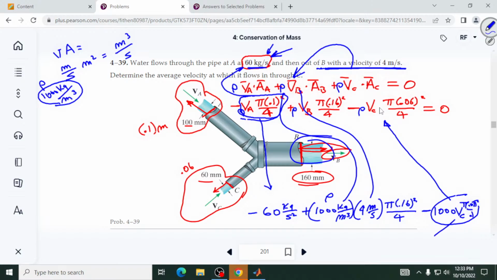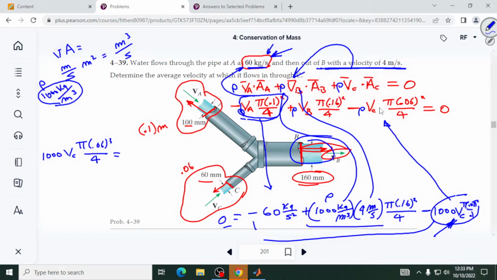So the only thing I don't know is the velocity of C. The mass is conserved, so it's all 0, which means I can move that one over to the other side. So I would get 1,000 VC pi 0.06 squared over 4 is equal to, I'll take that number first, which, what the heck, I might as well, I've gone this far.